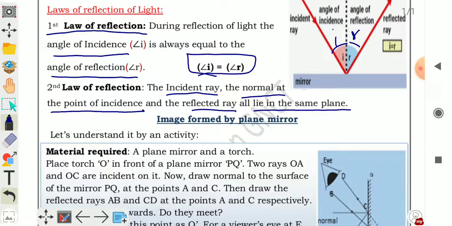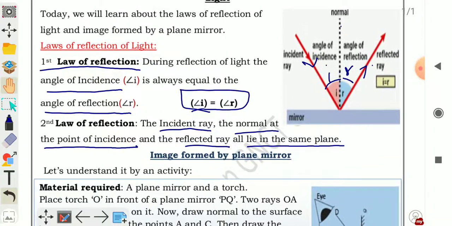These three things mean this incident ray, this reflected ray, and the normal at this point of incidence all lie in the same plane. This is the second law of reflection.